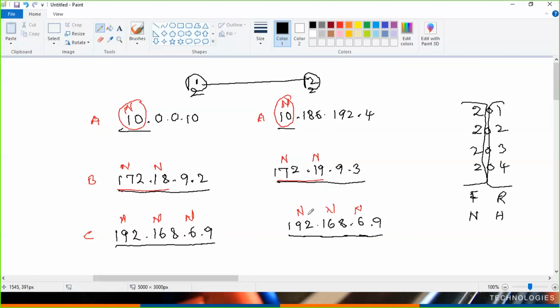So how can we assign one IP address to two computers in the network? We cannot. Network portion should be same, and host portion should be a unique number. Can I repeat room 202 on the same floor, when one 202 already exists? No. Here also, we cannot assign the same IP address. The host portion should be any other number, so 6.9 becomes 6.8.